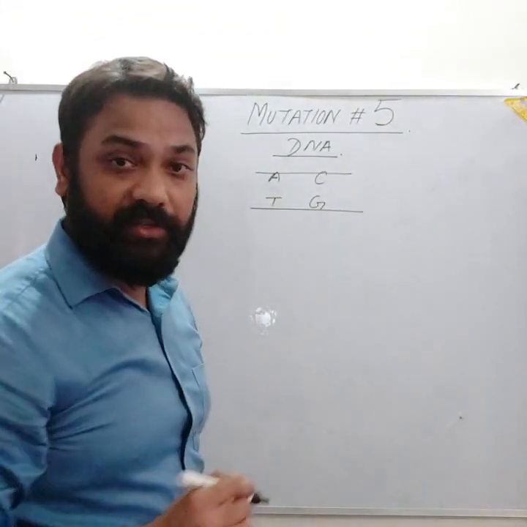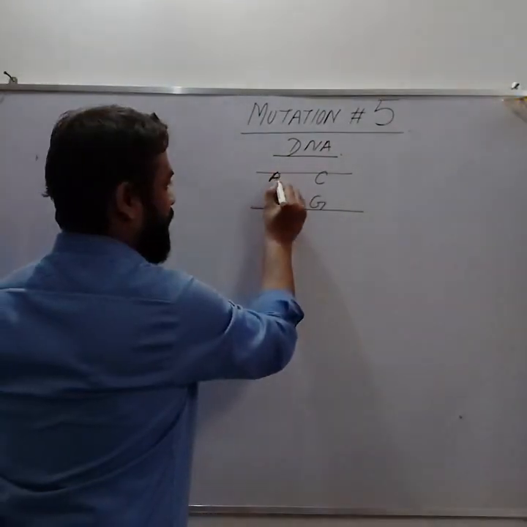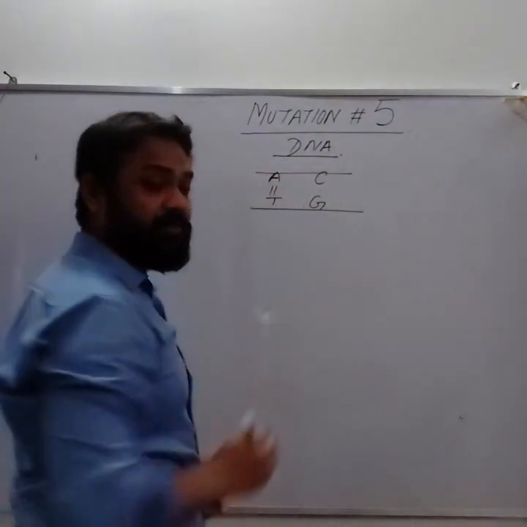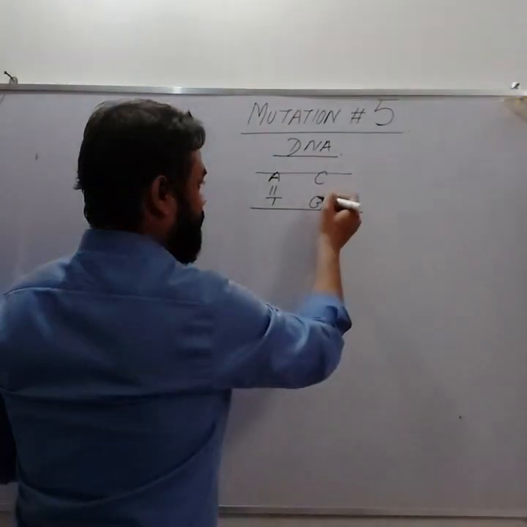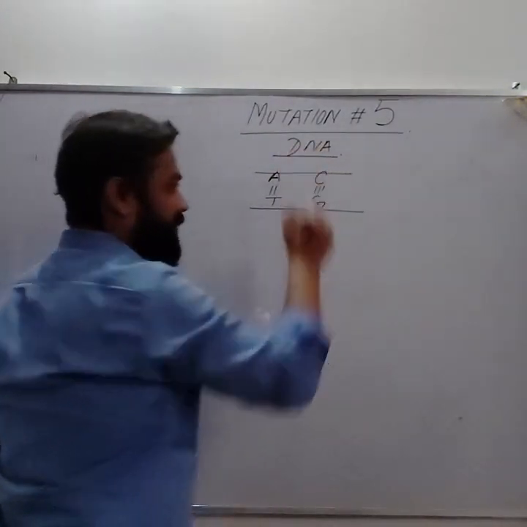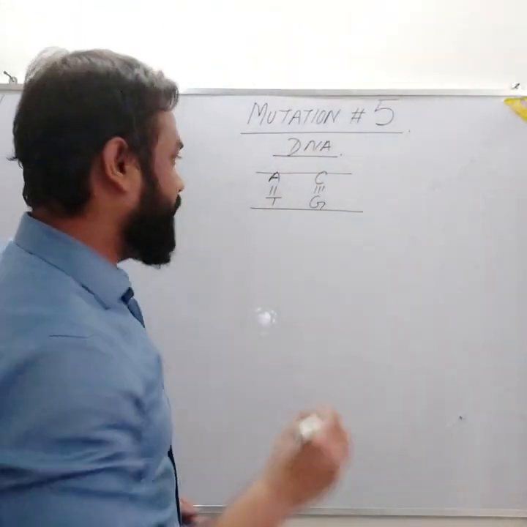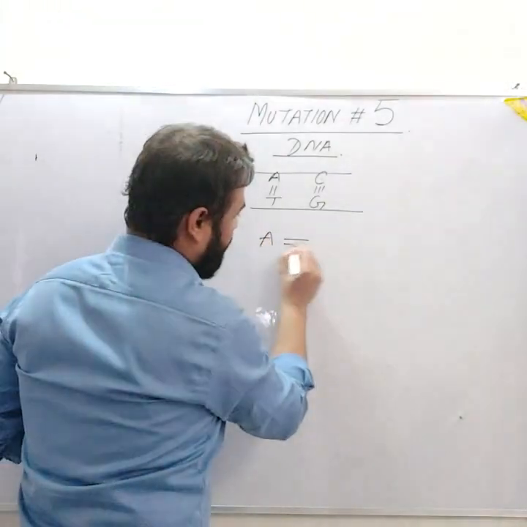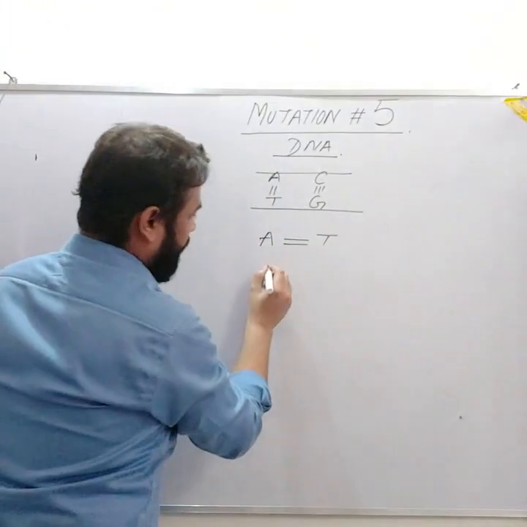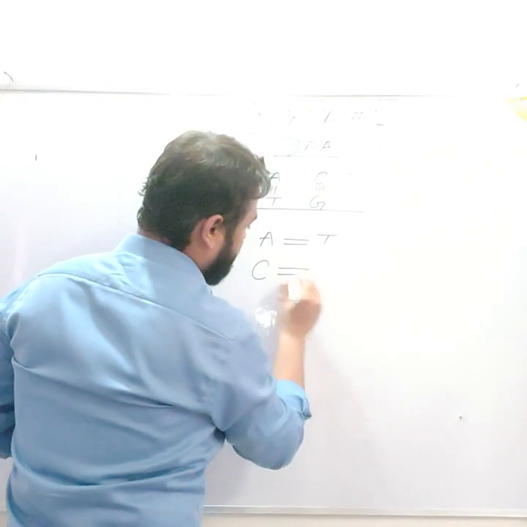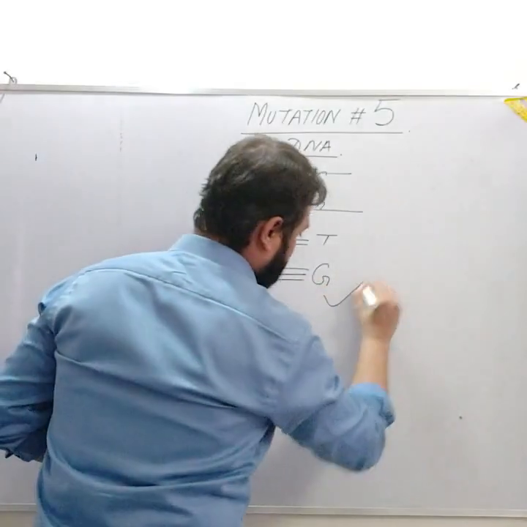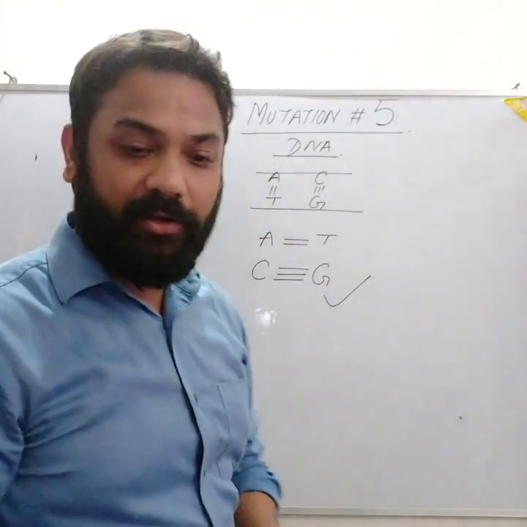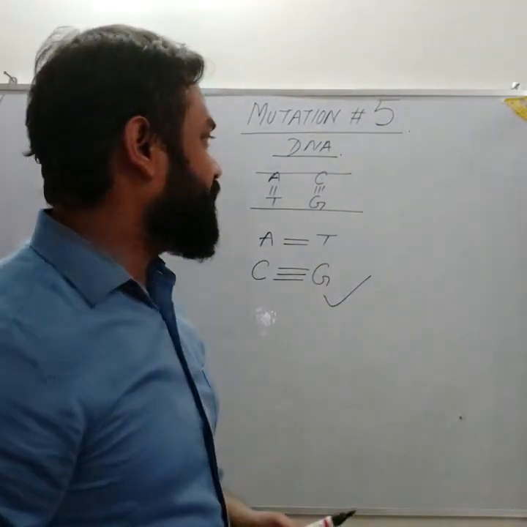In between adenine and thymine we have two hydrogen bonds, and in between cytosine and guanine we have three hydrogen bonds. Now this is the normal concept that we study.